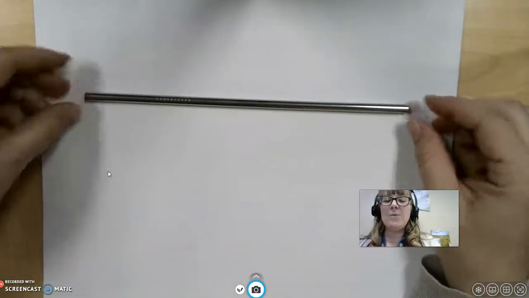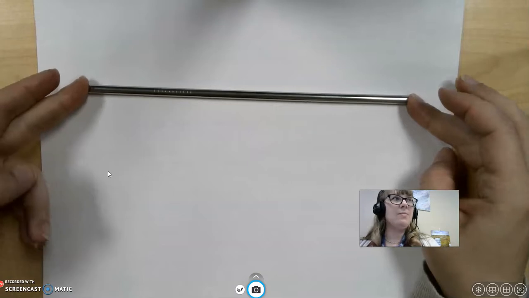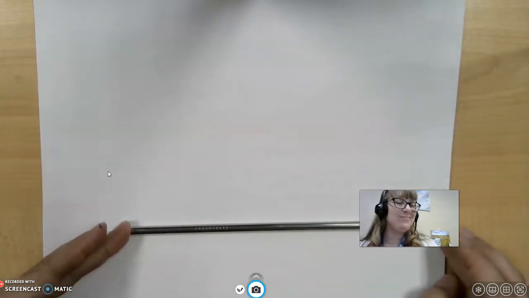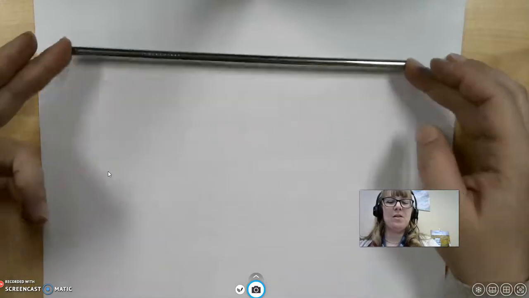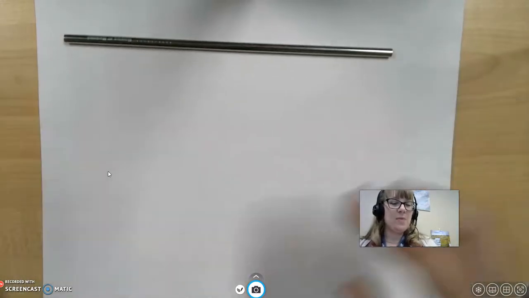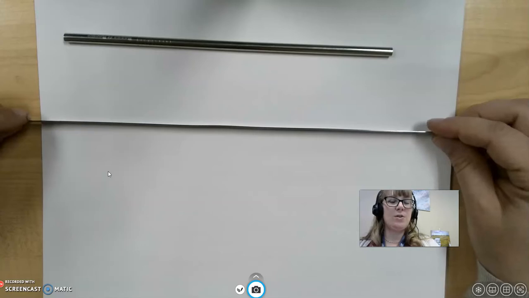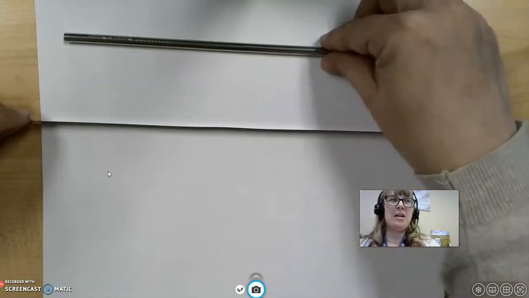To further explore this, I have a line. I'm going to translate this line. Let's see what it becomes. Translated, looks like it's still a line. Let's try a reflection. In order to do a reflection, remember, I have to have a line to reflect it over. So here's my reflection line, here's the original line.